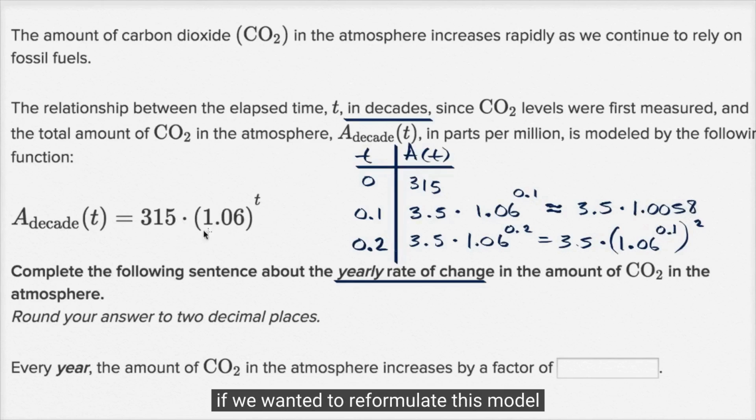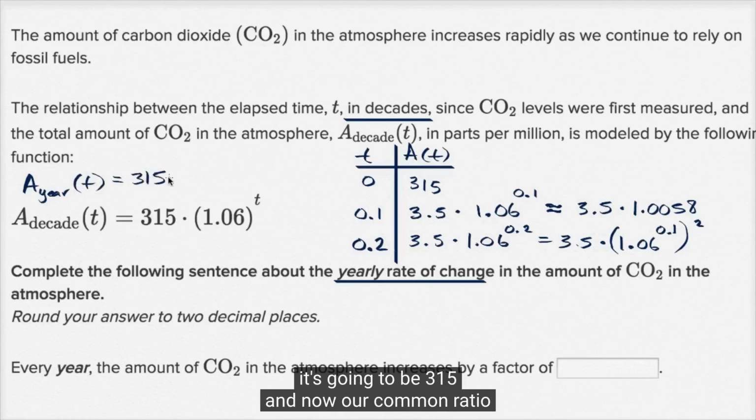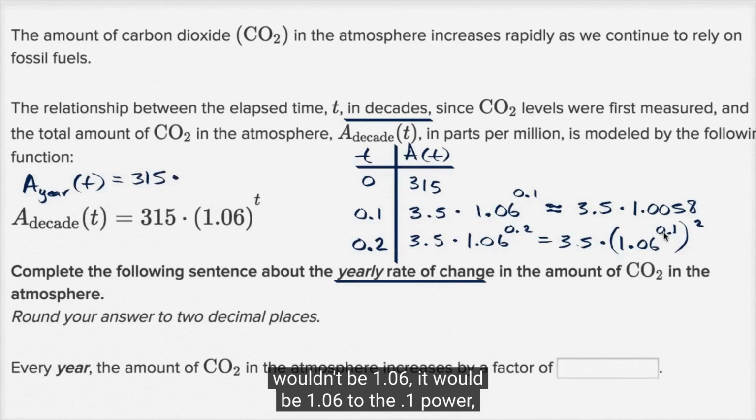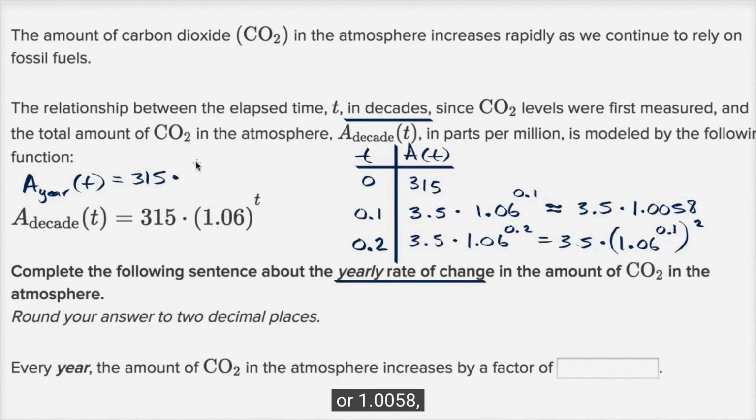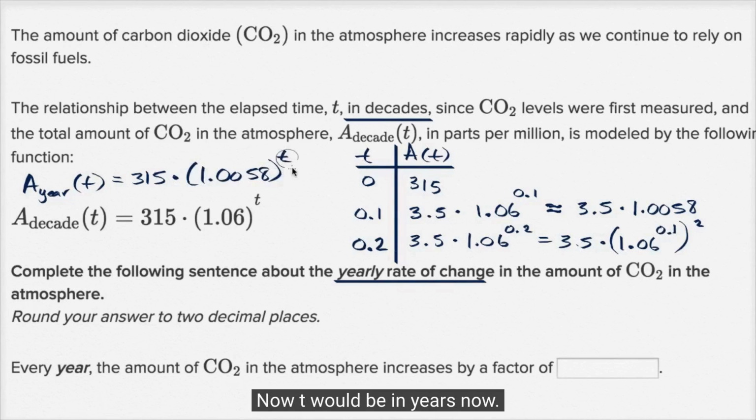Another way to think about it, if we want to reformulate this model in terms of years, so A per year of t, it's going to be 315, and now our common ratio wouldn't be 1.06, it'd be 1.06 to the 0.1 power, or 1.0058, and then we would raise that to t. Now t would be in years.